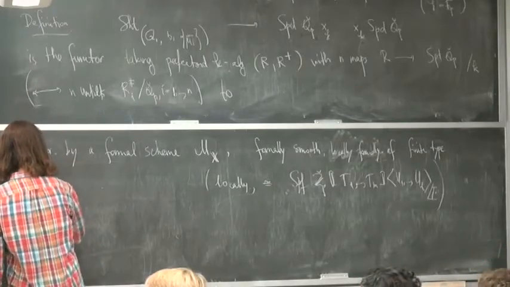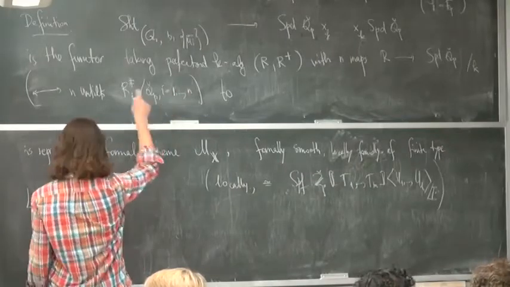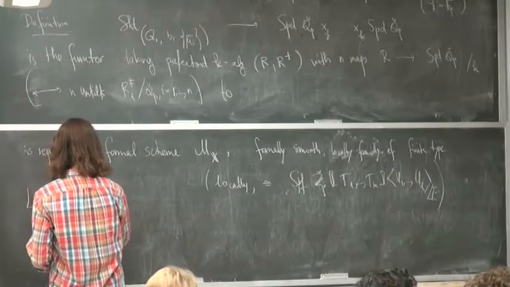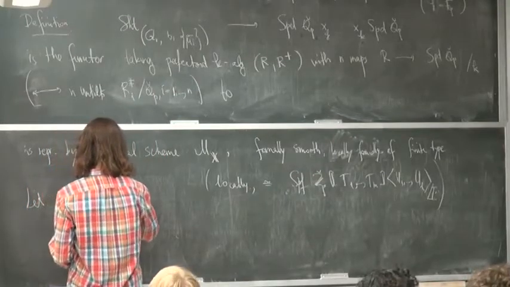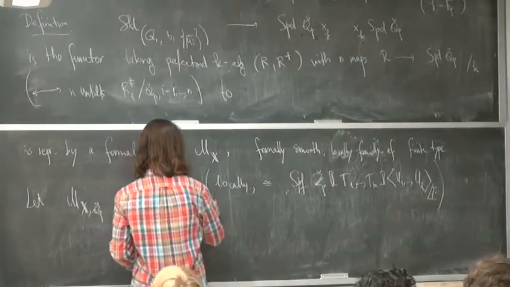Okay, so I guess the space of shtukas I was defining lived only over the generic fiber, and so that M_X, Q_p would be the generic fiber over the adic spectrum.